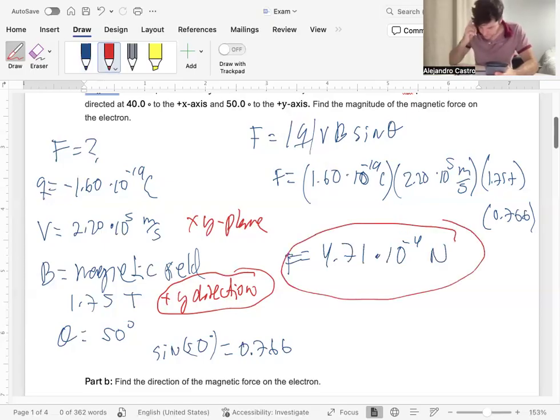That's the answer for the magnitude of the magnetic force. Let me double check. Yeah, that seems about right.